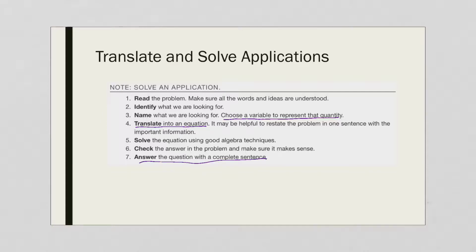Some professors are really picky about that complete sentence thing. I'm not super picky about it, but I do expect you to tell me, what does that number mean in this situation? You don't necessarily have to write a complete sentence, but tell me, if we're talking about cookies, you need to say 18 cookies. Or if you're talking about dollars, you need to have a dollar sign in your answer. Something that tells me that you are answering the question that's being asked.